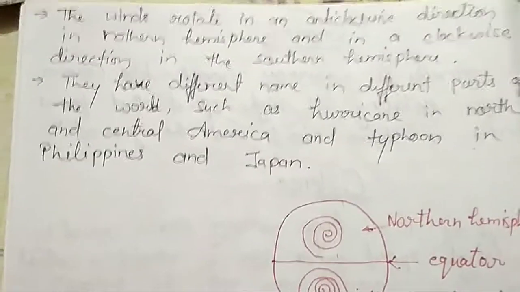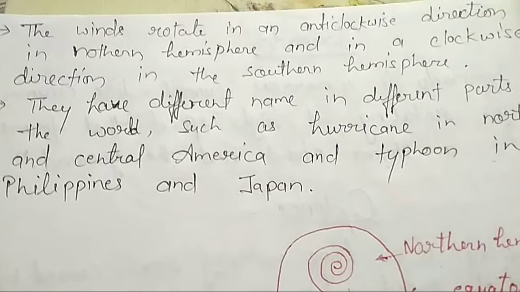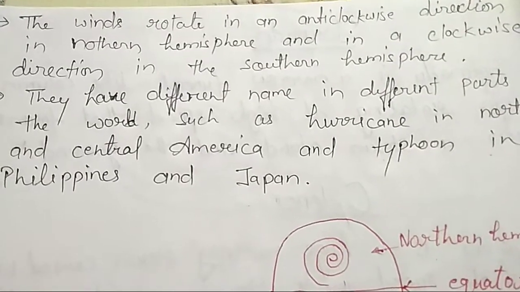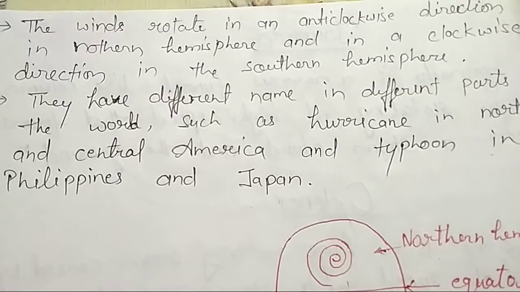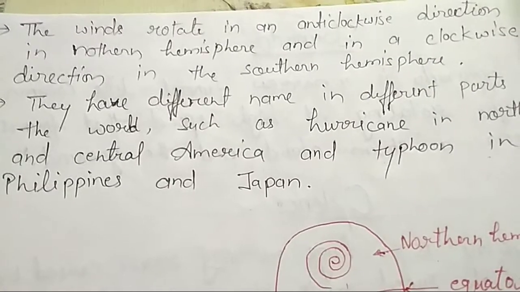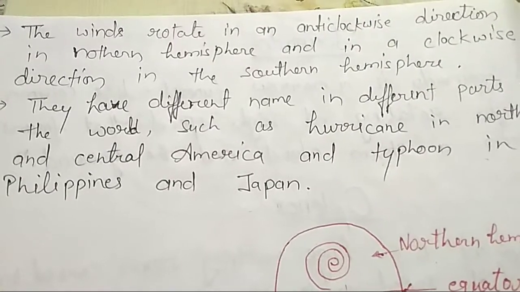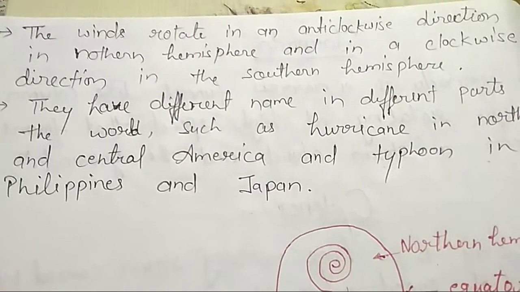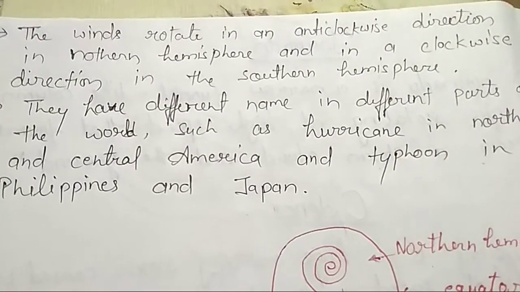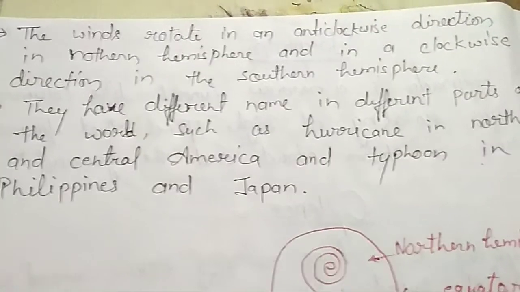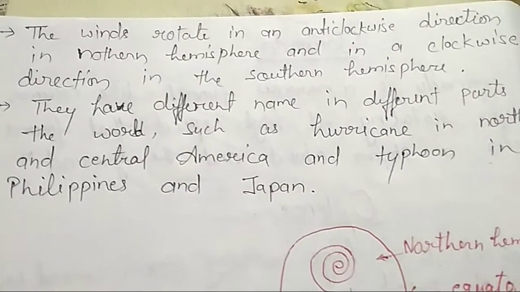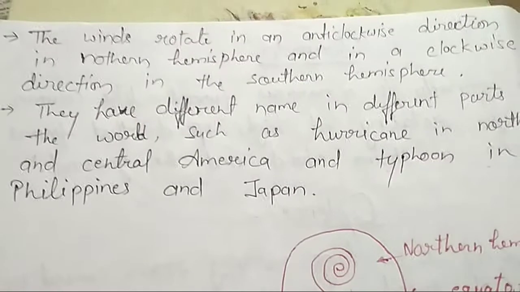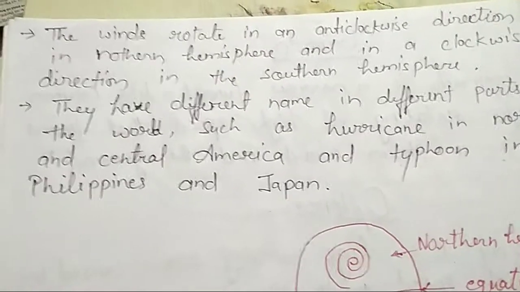So our topic cyclone is completed here. But the destruction caused by cyclones, some safety measures against cyclones, and the actions that should be taken by the people in the area where a cyclone hits, we will discuss in the next video.